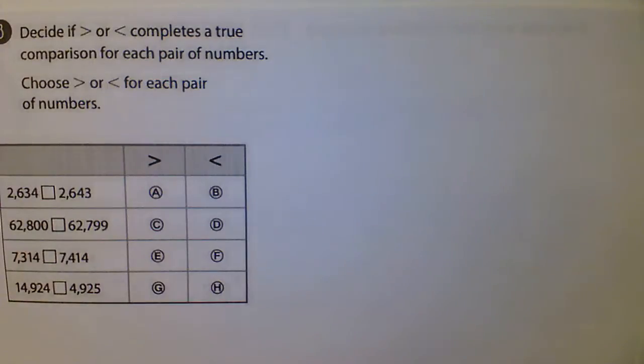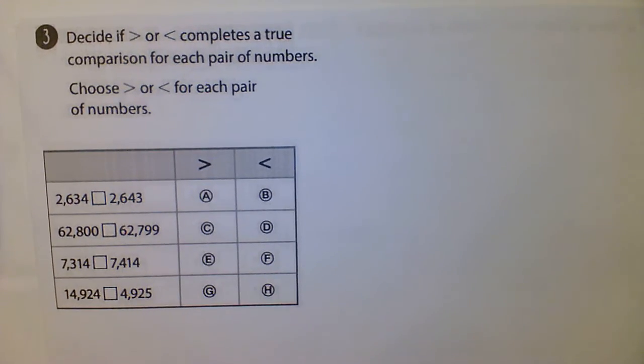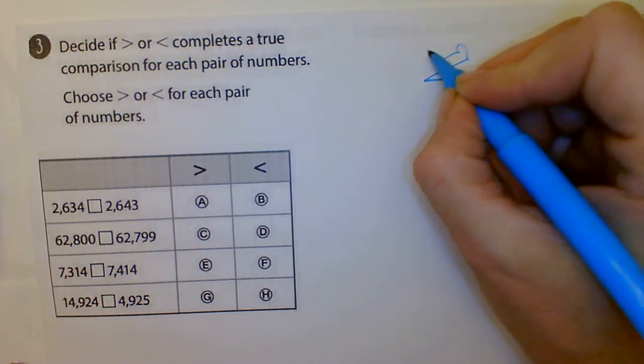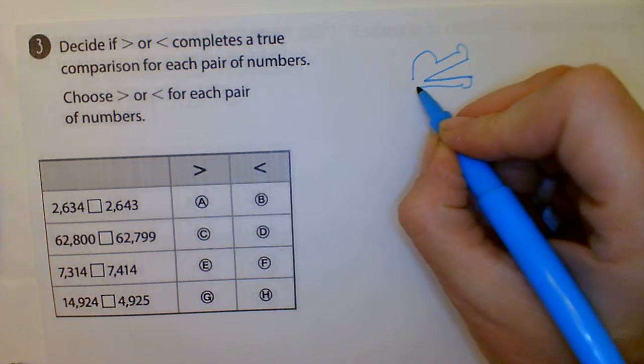Let's take a look at the next one. Here it says decide if greater than or less than completes a true comparison for each pair of numbers. So really quick, I want to remind you that the alligator eats the bigger number.